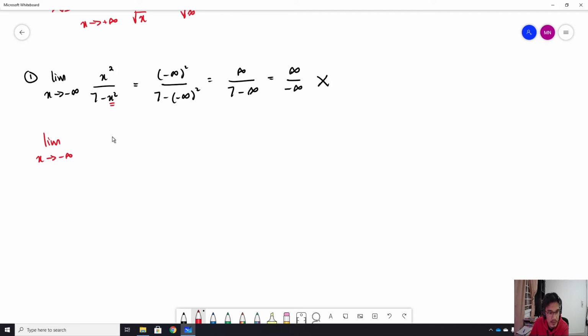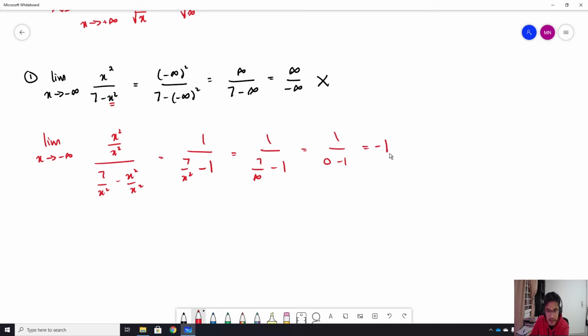So kita ambil x square atas bahagi x square over 7 over x square minus x square over x square. So ini akan jadi 1 over 7 over x square minus 1. So sini akan jadi 1 over 7 over infinity minus 1. So equal to 1 over 0 minus 1 equal to negative 1. So ini barulah jawapan yang betul.